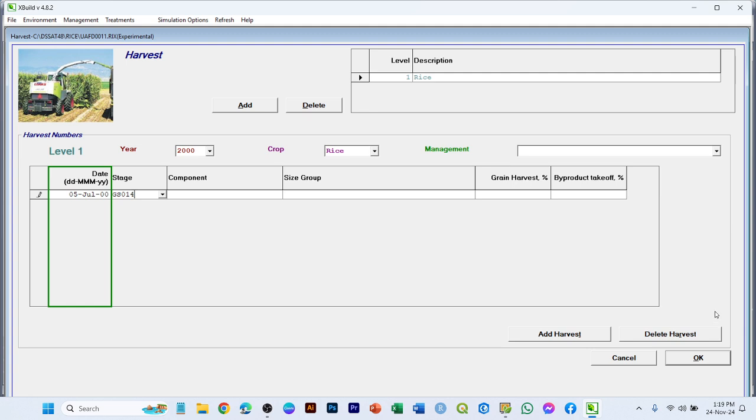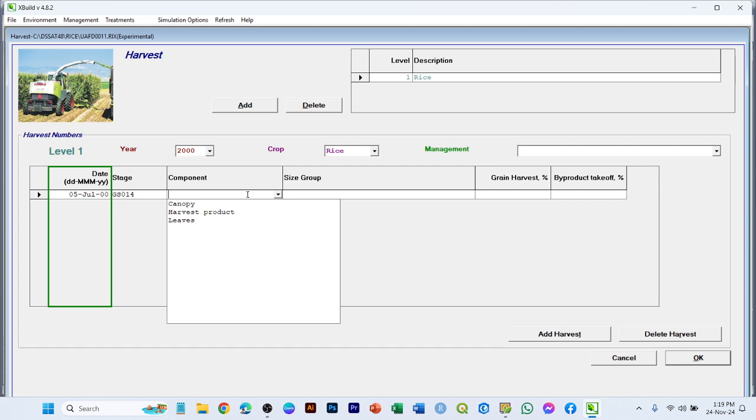So this is all about management. What about the components and size? Yes, good question. What type of harvest are you going to do? Only canopy, the top side, or harvest product only the grains, or only leaves.